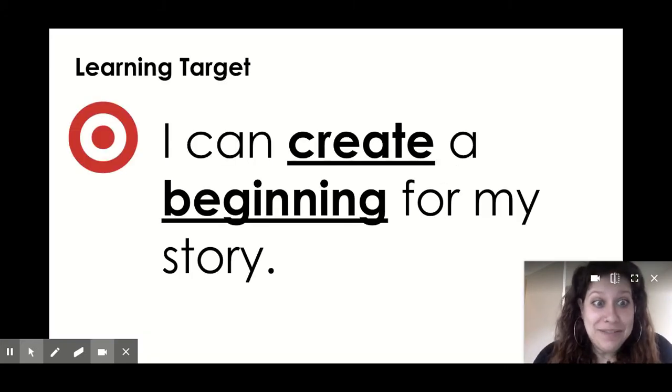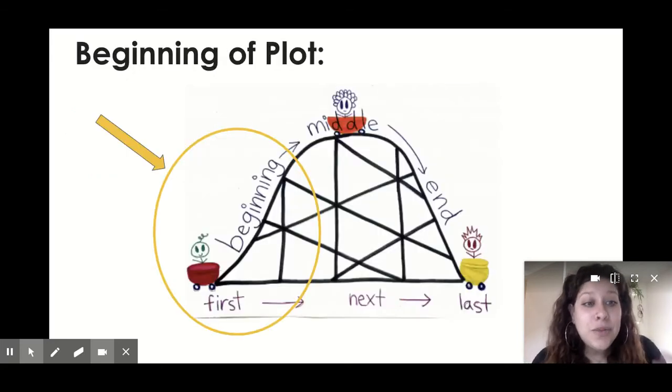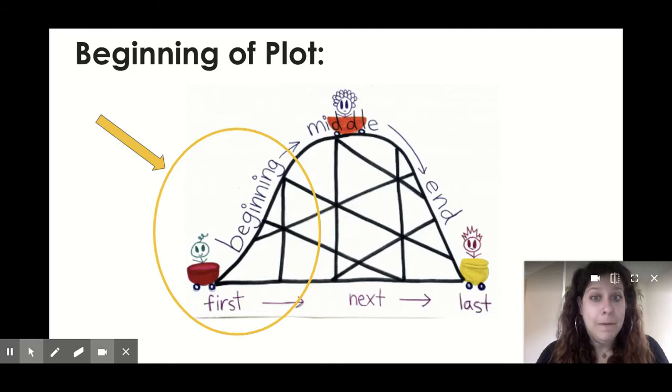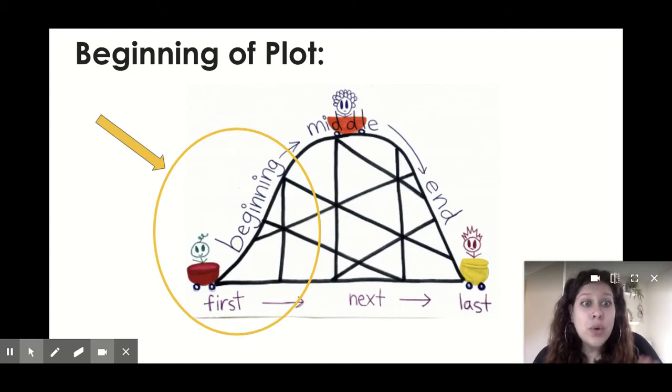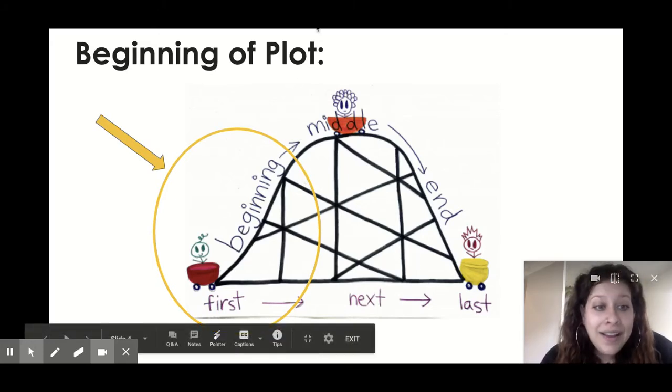All right, friends, our learning target for today says I can create a beginning for my story. This is so exciting. Friends, we learned about the plot earlier this week. We learned that a story's plot is what happens in the story, and all stories have a beginning, a middle, and an end.